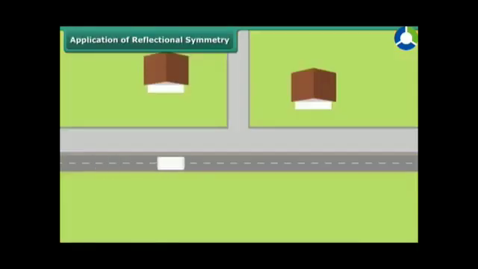Shyam, a milkman, wants to park his van at some point on the street and distribute milk to houses A and B. Can you suggest to him where he should park his van so that his walking distance from the street to the houses A and B will be least? Let us find out. We can use reflectional symmetry here.